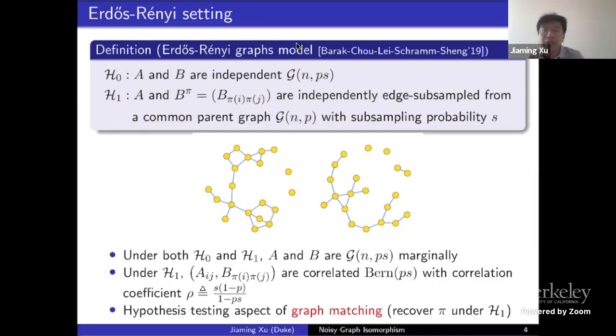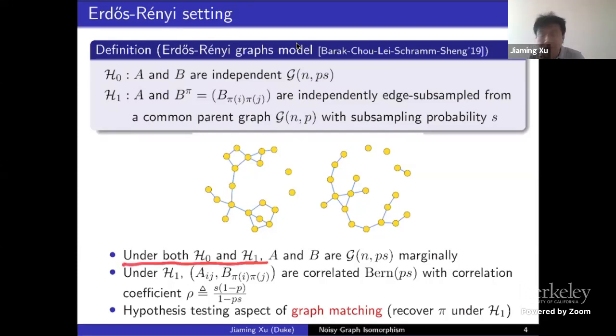In other words, we assume there's a common parent graph that is Erdős-Rényi, and every edge in this parent graph will be included in A independently with probability s. Then we repeat this edge sampling process to obtain the second graph B pi. Since both graphs are subsampled from this common parent graph, they are correlated in edges.